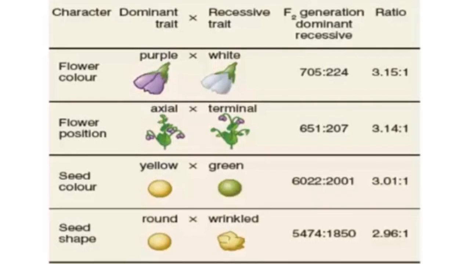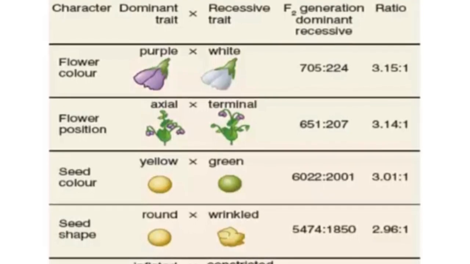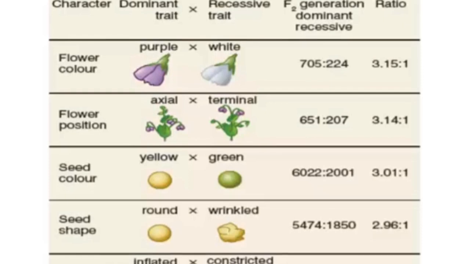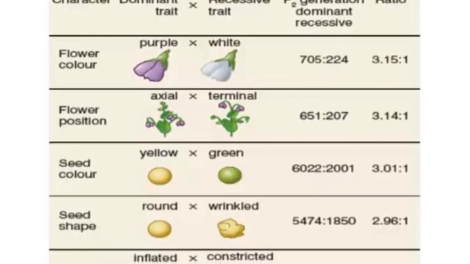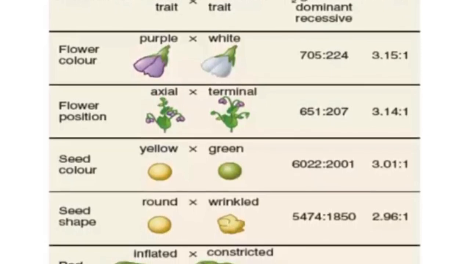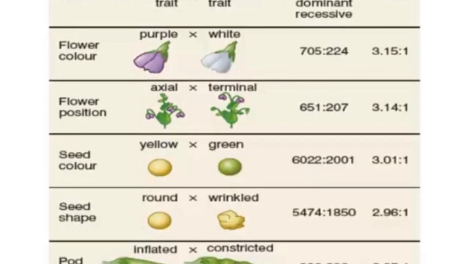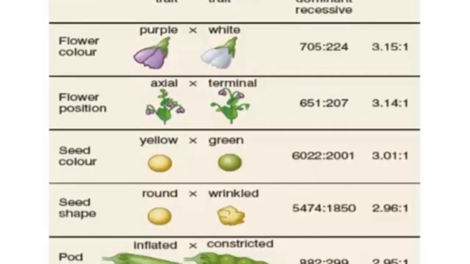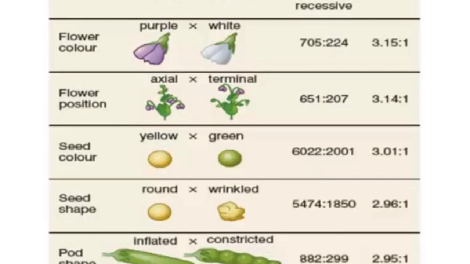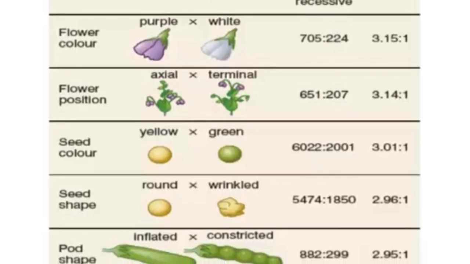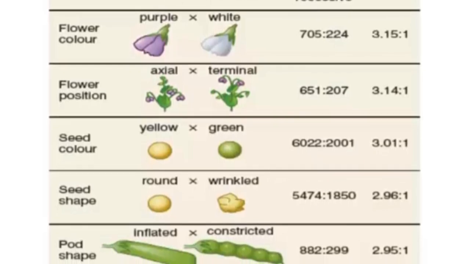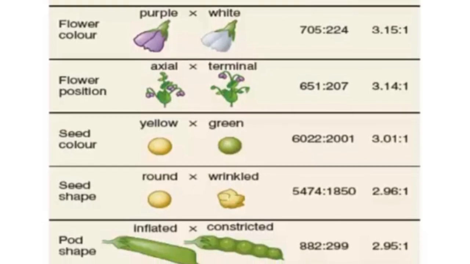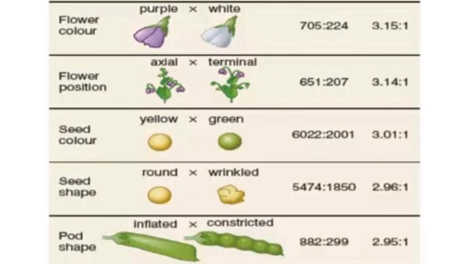If you divide 705 by 224, you will get 3.15. That means a 3-to-1 ratio. For every 3 purple flowers, you find 1 white flower.